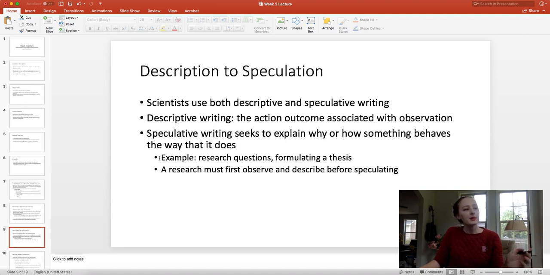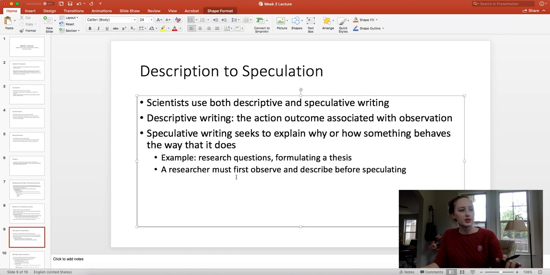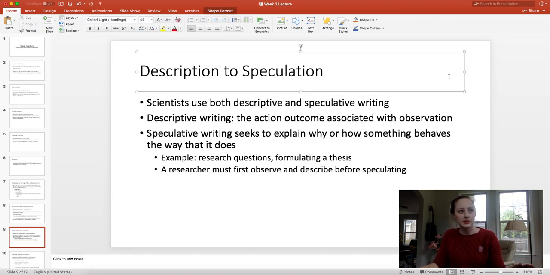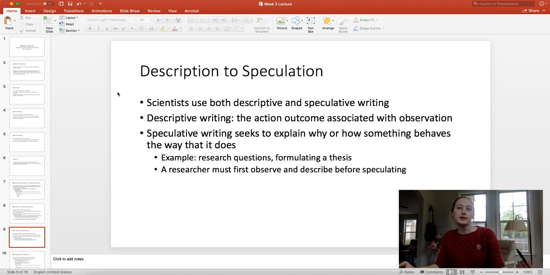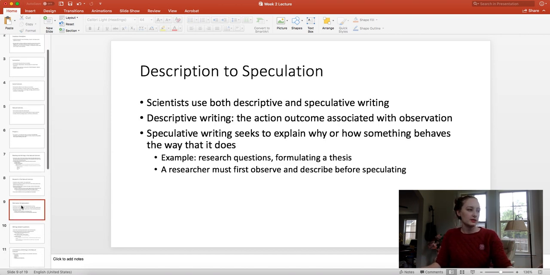But as an example of speculative writing, you'll see research questions or the formulation of a thesis, though more likely in the natural sciences that will be a hypothesis. But a researcher must first observe and describe before they speculate. So you have to come up with this research question and hypothesis. It will develop from the observations.